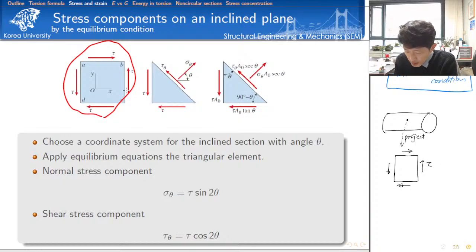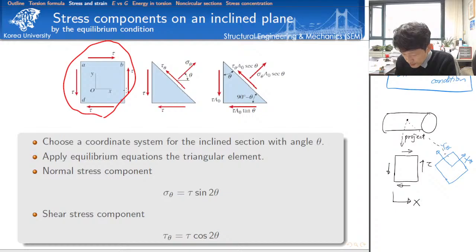This shear stress distribution is for this observation frame. So I'd like to read the same stress field in another observation frame. For example, I'd like to read the shear stress in this frame, okay? This is x theta, for example, and this is y theta.